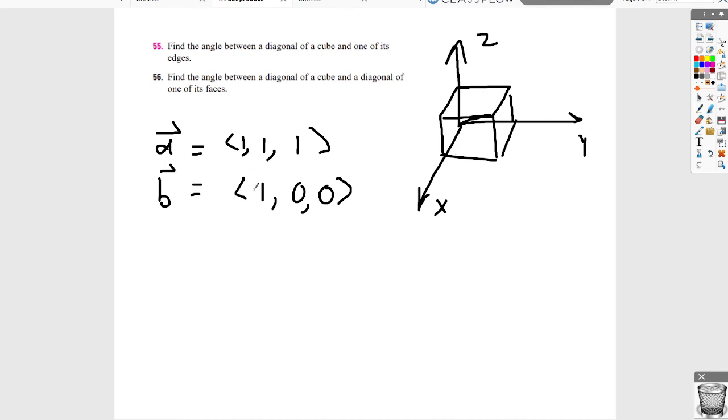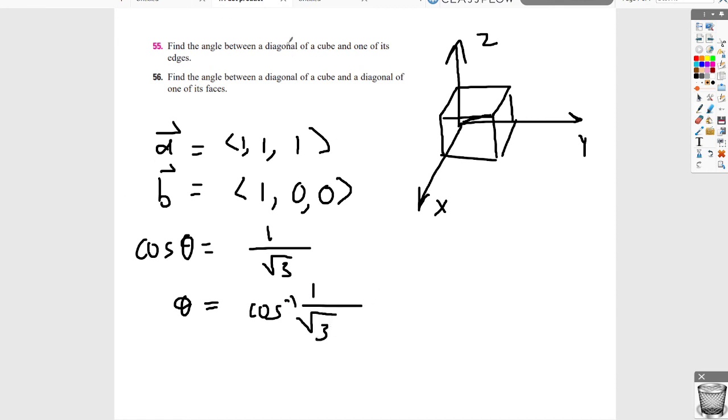So 1, 0, 0 and 1, 1, 1. So then we have cosine of theta is equal to A dot B over the absolute value of A times the absolute value of B, which is 1 over root 3. So theta is cosine inverse of 1 over root 3.